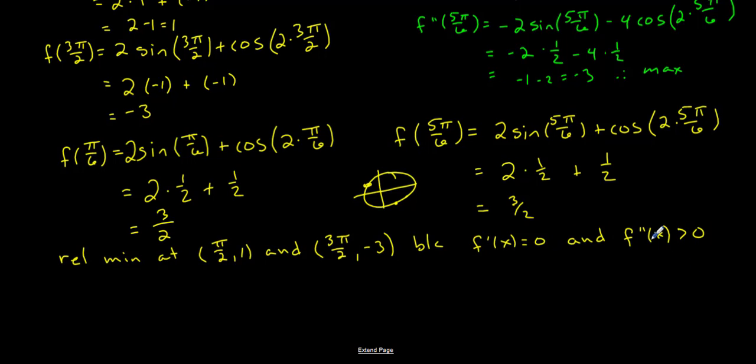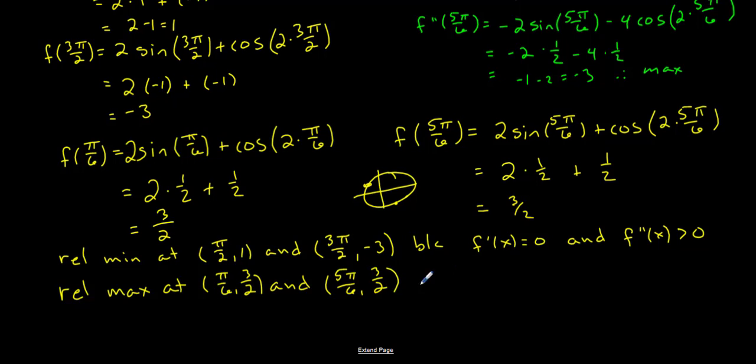Minimums where concave up creates the valley. Relative max at these two values, pi over 6, 3/2, and 5 pi over 6, and 3/2, because f prime x equals 0, and f double prime x is less than 0.